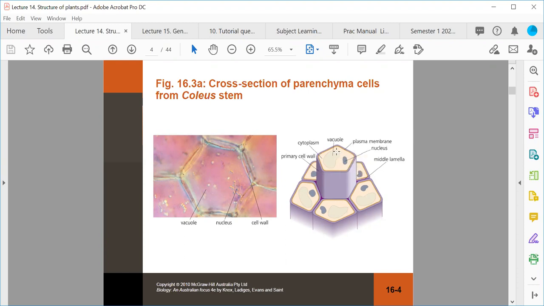And to the inside, we've got the large central vacuole, the cytosol, the nucleus, and of course lots of other organelles and structures within the cytosol that aren't shown here. In between adjacent cells, this thin purple region is the middle lamella, that pectin-rich middle lamella.